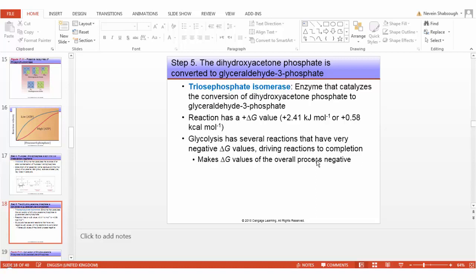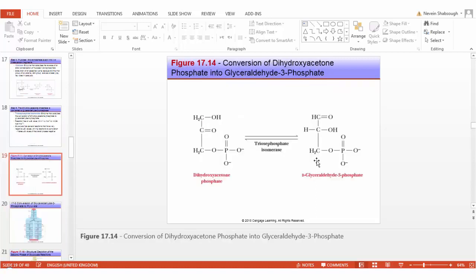But as I said before, coupling occurs, so this reaction can be driven by coupling with the reaction before or after, because glycolysis has several reactions that have very negative delta G values. And coupling is what metabolism is all about.